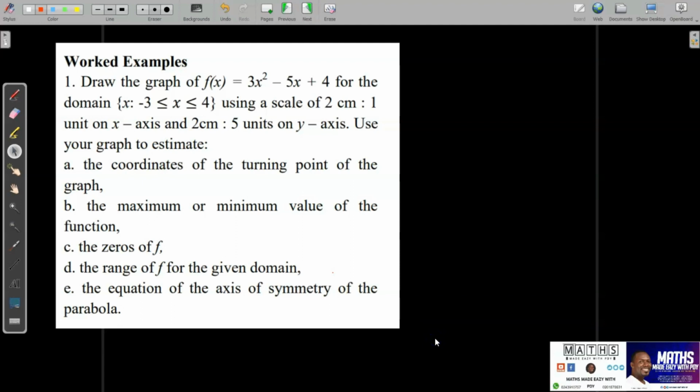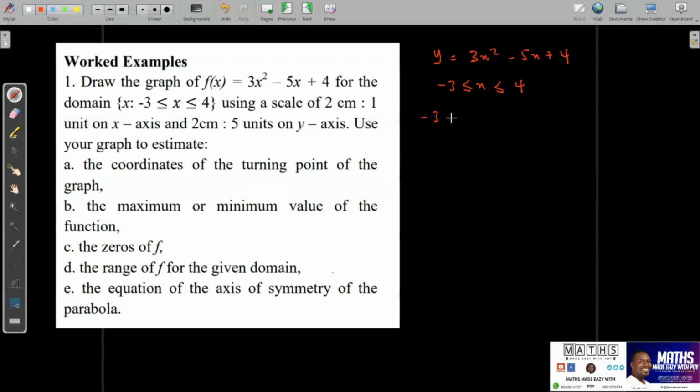All right, so in this case, our function is, let's say, y equal to 3x squared minus 5x plus 4. This time around, the interval is not from -3 to +3. It is from -3 less than or equal to x, and x less than or equal to 4. And hence, we need to make our table of values. So I'm just making a sketch of the table of values.